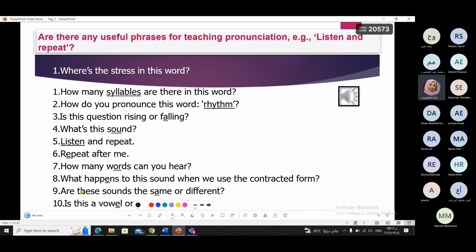So in your book, on page 140, you will have some phrases that we use when teaching pronunciation. Okay? Let us together read these sentences and find out if we use them often or not, or if they are mostly used or not.